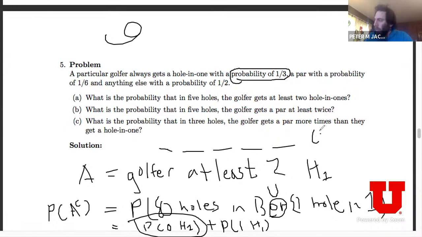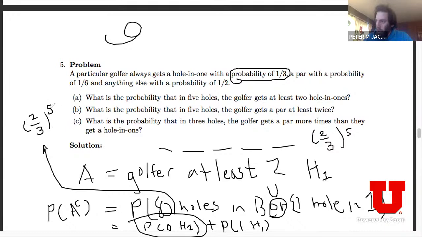So the probability that they don't get a hole in one on all 5 is 2/3 to the 5th. Are there any questions about that part? We're not quite done, but almost.